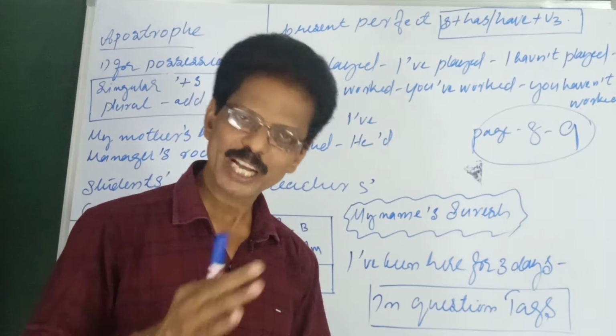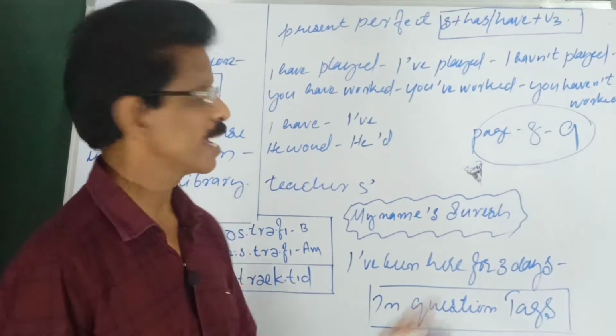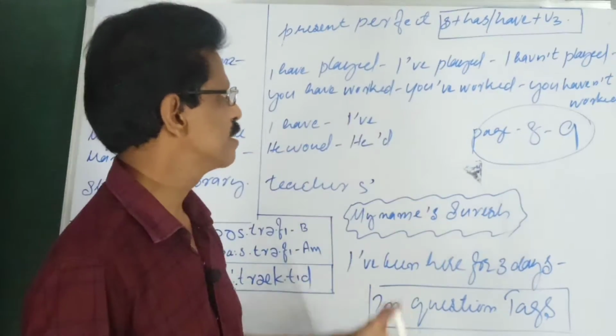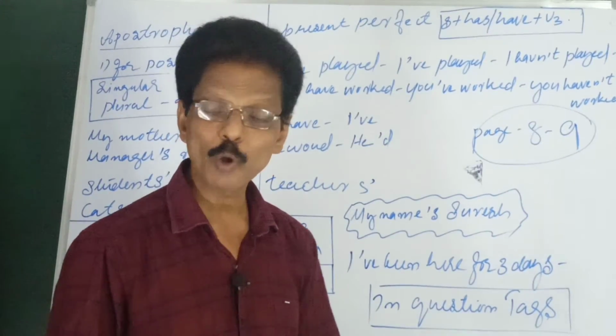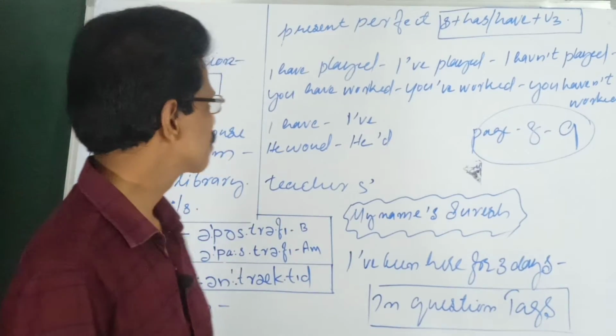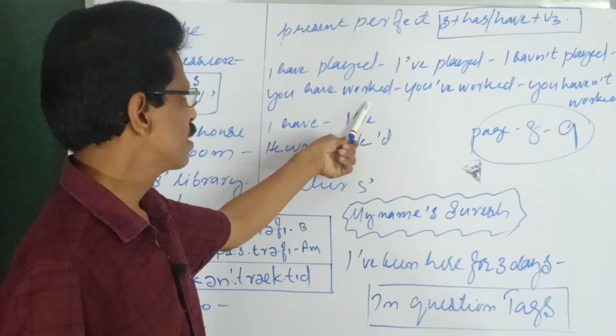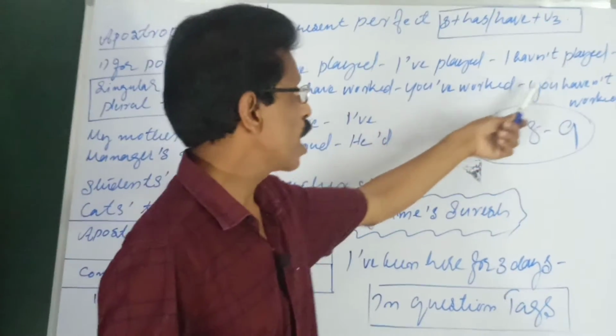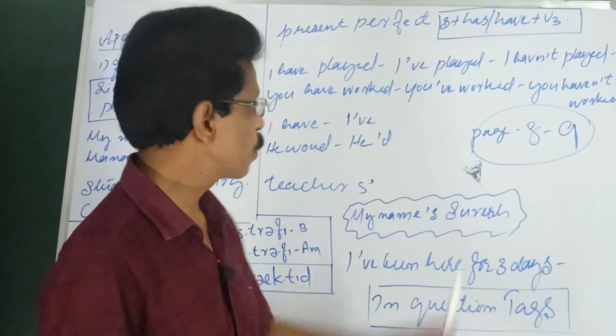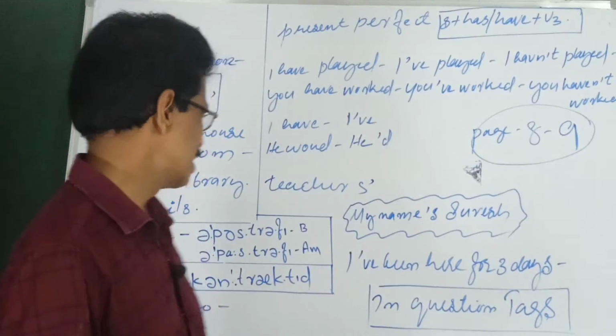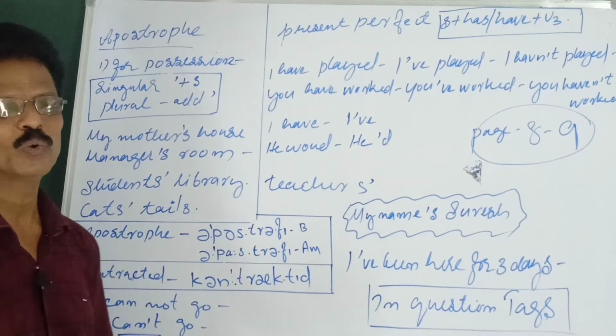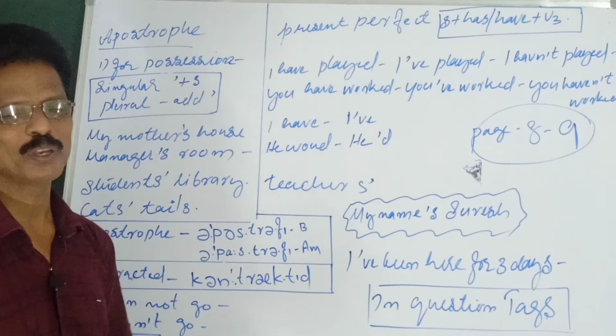So when you change to negative also, it can be used. You've worked. You haven't worked. So in positive and negative both, this contracted form can be used. Means the short form can be used.